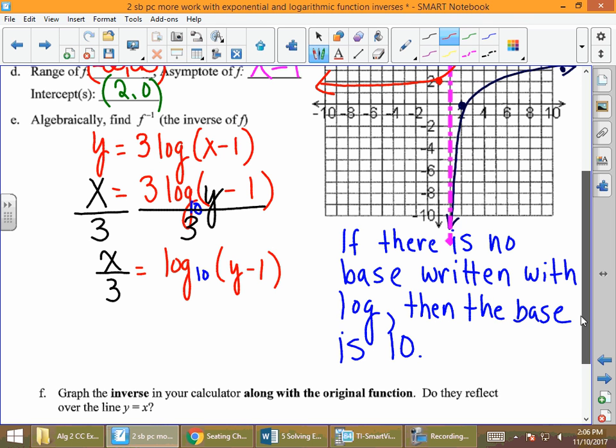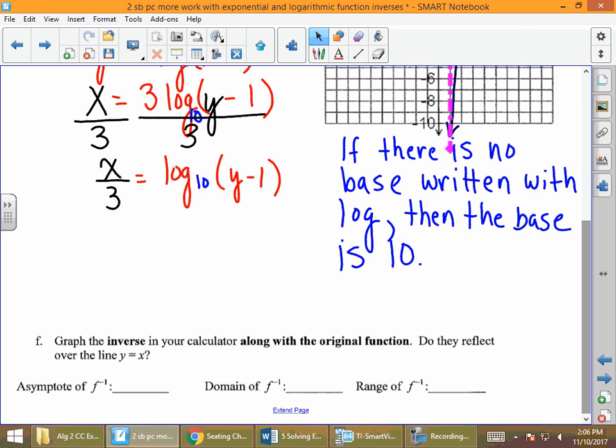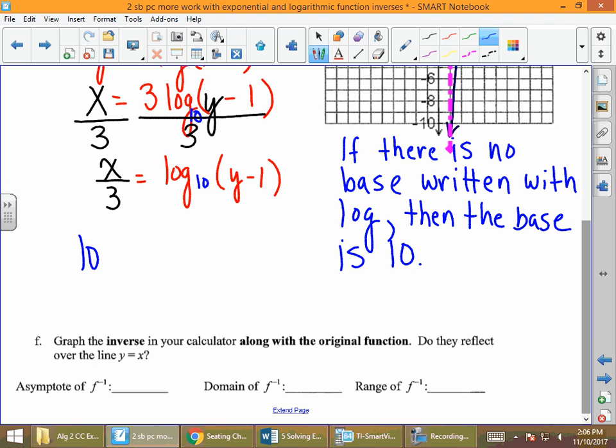And remember what a logarithm is. It's another way of writing an exponent. So we're going to convert, but whatever the logarithm equals, that's going to be the exponent. So this problem is going to be 10 to the x over 3 equals y minus 1. And now we're almost finished with finding the inverse.